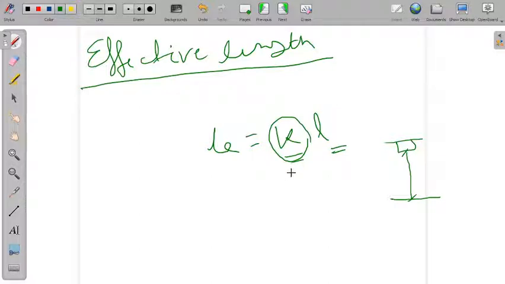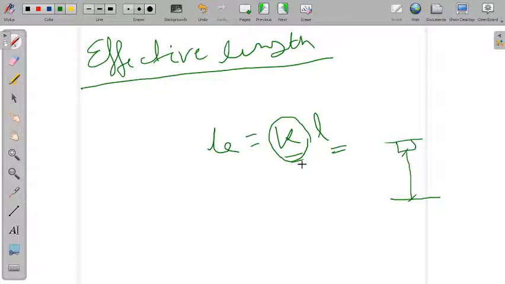That means when the relative transverse displacement between the upper and lower ends of a column is prevented, then the frame is said to be braced against sideway.